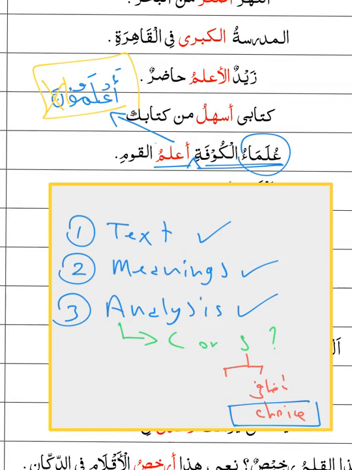Do you remember the rule that whenever a sound plural or a dual is mudaf, you chop off the noon? So you will say ulama'ul kufati a'lamul qawmi. There you are. So in this example, we can apply the choice. We can say a'lamul qawm, or we can say a'lamu al-qawm by dropping the noon, a'lamul qawmi.